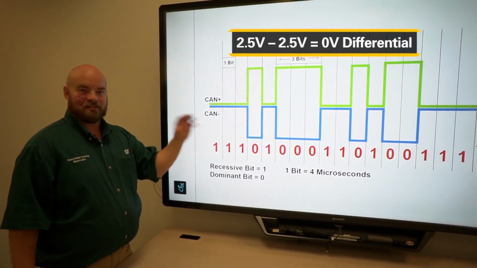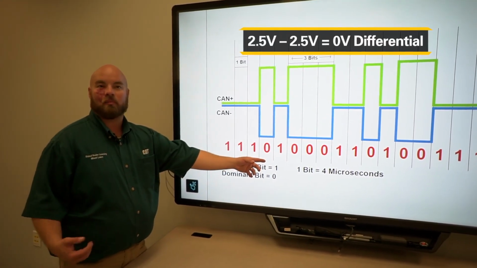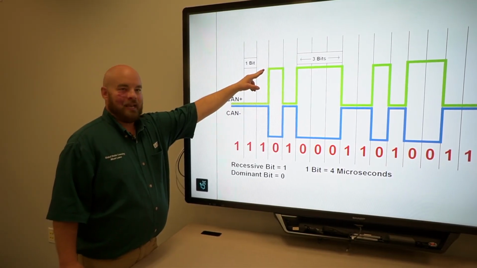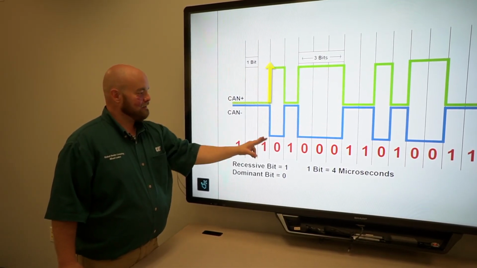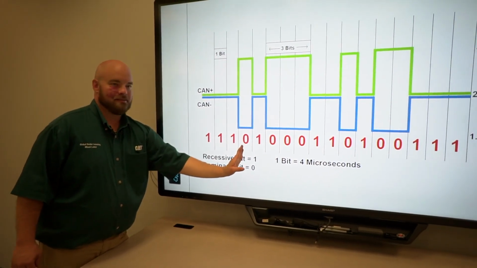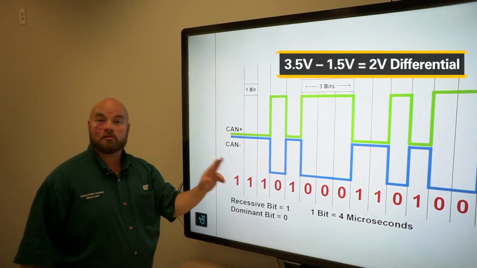Now, once we start to send some data, and instead of sending 1s we need to send a 0 as part of our information, right? It's going to take that CAN plus and push it high, take the CAN negative and push it low. Now the differential, when it takes the sample right here, the differential voltage in this example is 2 volts.